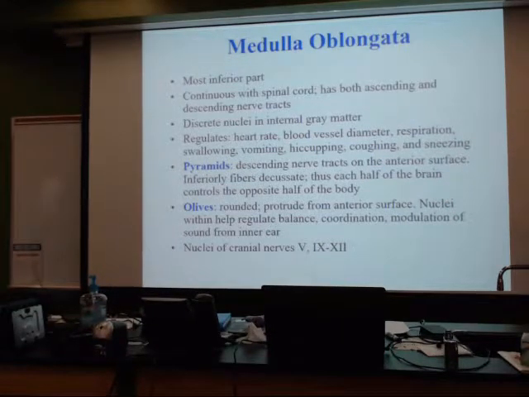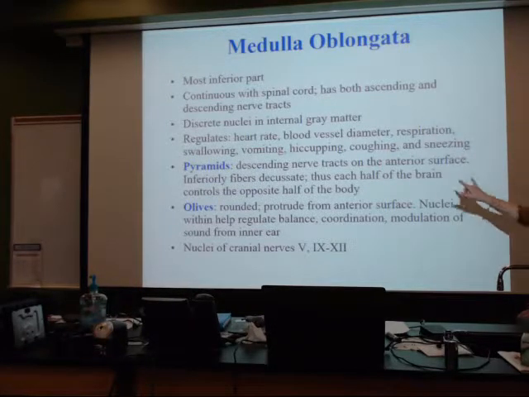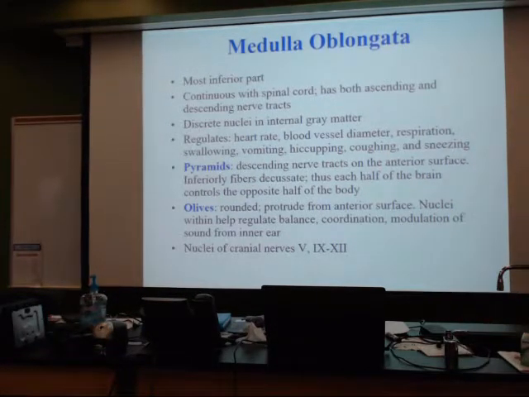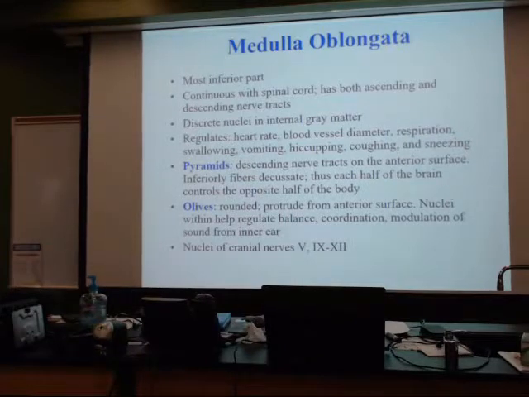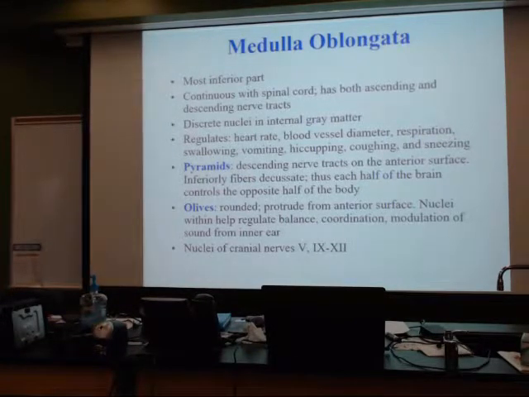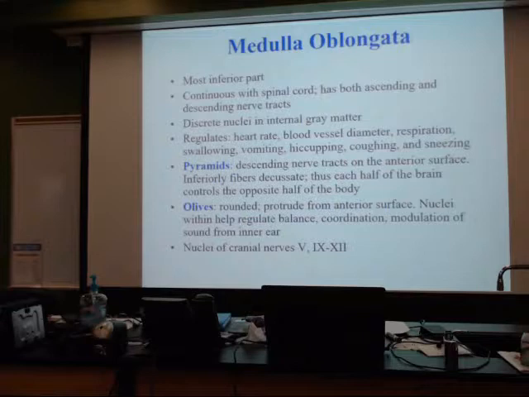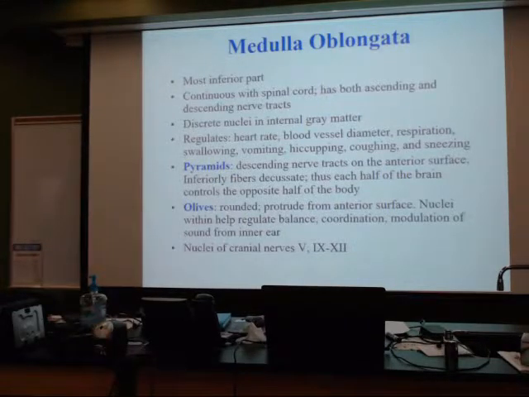Fibers decussate. What does that mean? They cross over. They cross to the opposite side. Therefore, yes, that old saying about the right side of the brain controlling the left of the body, left controlling the right, definitely applies to the medulla oblongata.